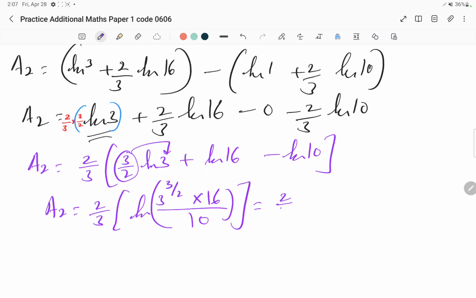Now this is 2 over 3 times ln, we can write root of 3 cube, and here we can write 16 over 10, which is 8 over 5, right?